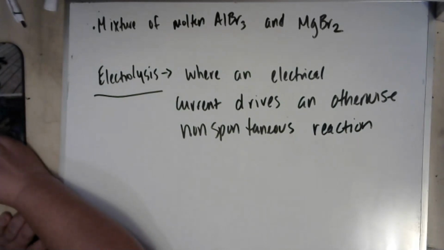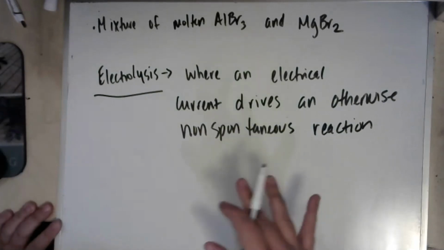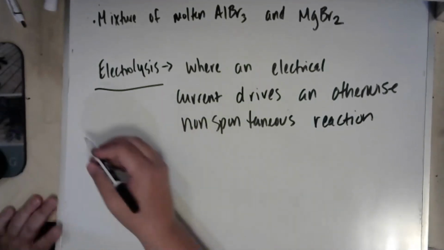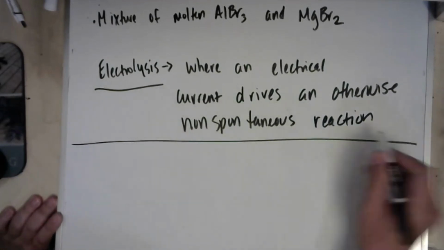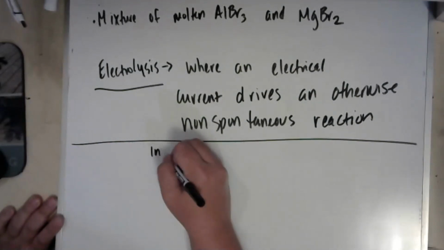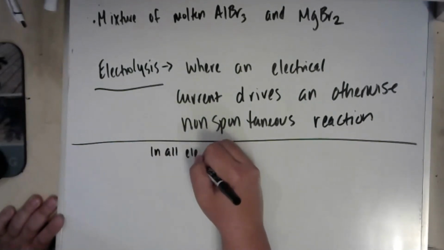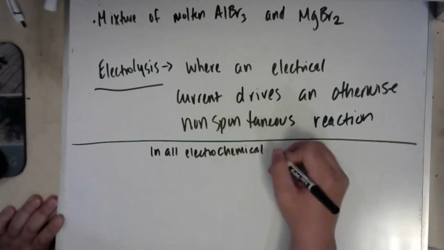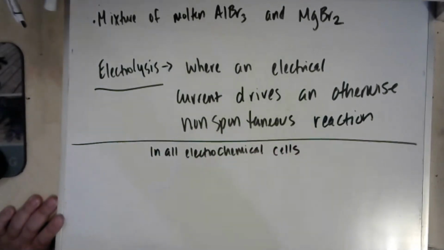Now, what that means for the cells that we're looking at looks a little bit like this. In all of our electrochemical cells, two things are true.